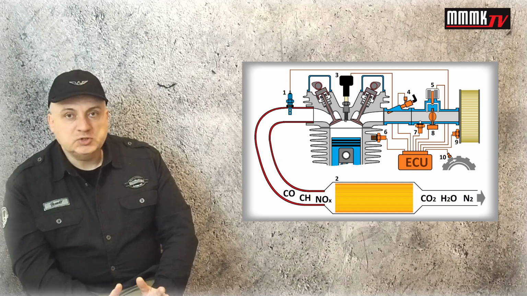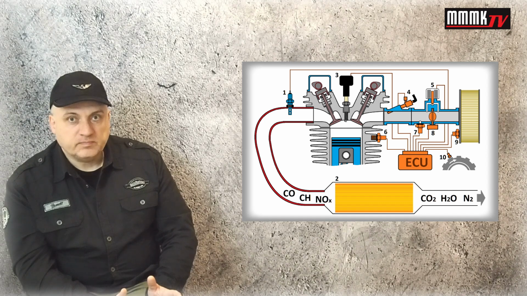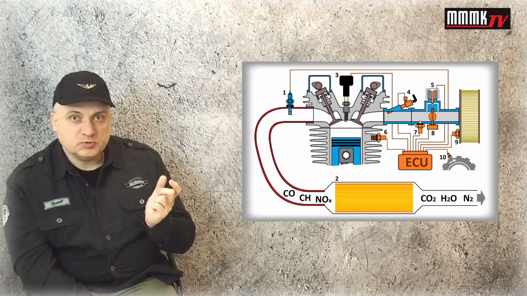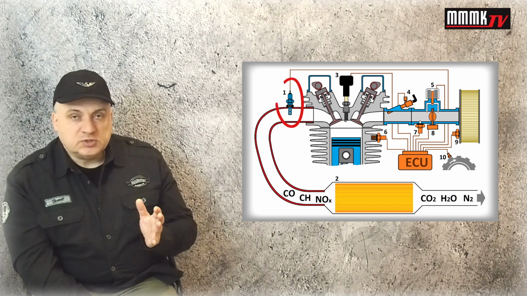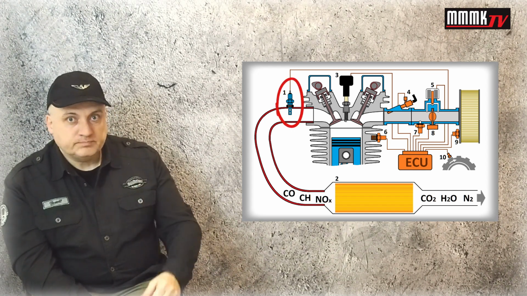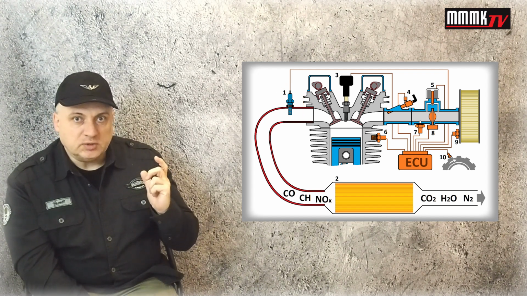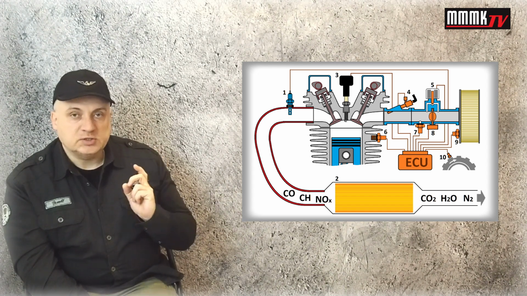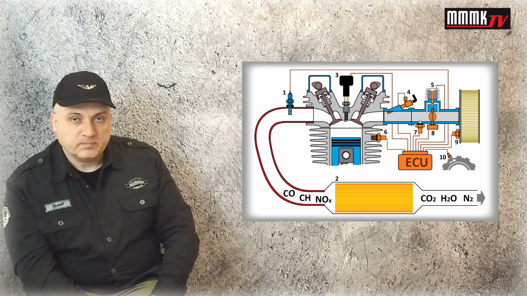But then, of course, engineers have to consider the highest efficiency of the catalyst, and this happens when lambda is kept strictly around 1, plus minus 3%. And this is why the O2 sensor is needed. The lambda sensor measures the amount of oxygen in the exhaust gases, and that signal is given to the ECU as feedback.